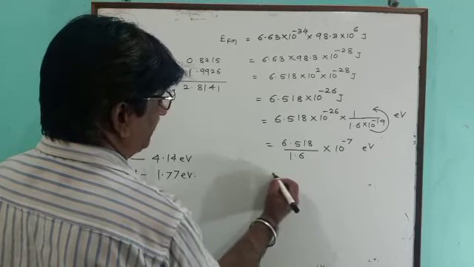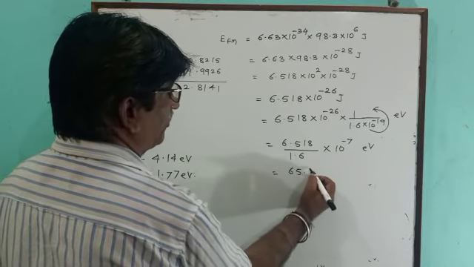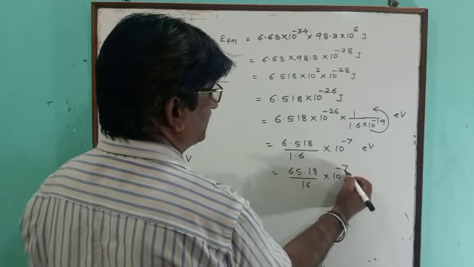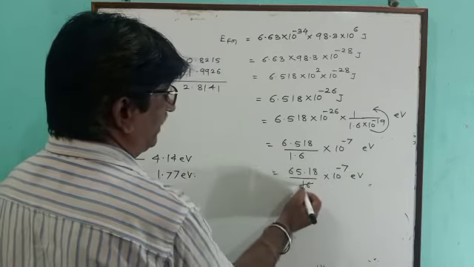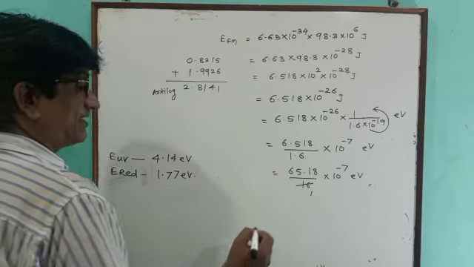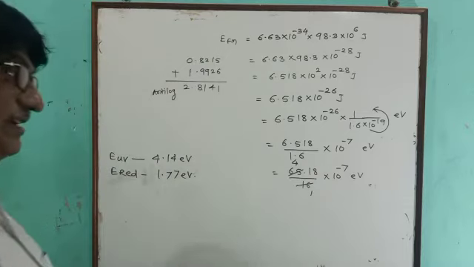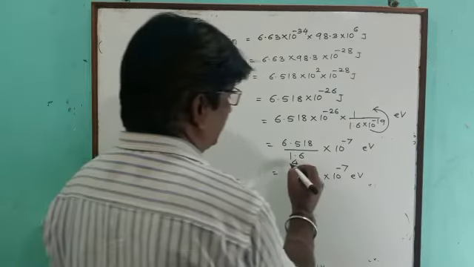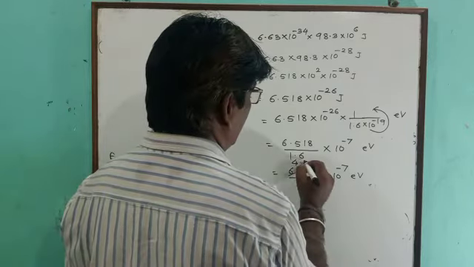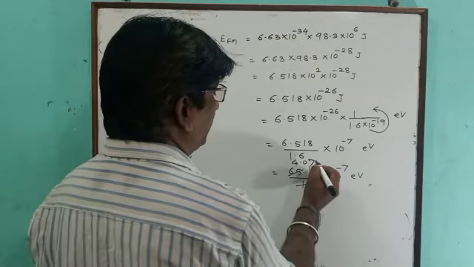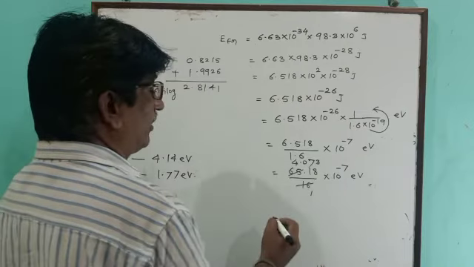If the decimal is shifted, we get 65.18 divided by 16 into 10 raised to minus 7 electron volt. Dividing, 16 fours are 64, 1 remaining, that is 11. A 0 is brought down, so it is 118. 16 sevens are 112, 6 remaining, that is 60, and 16 threes are 48.